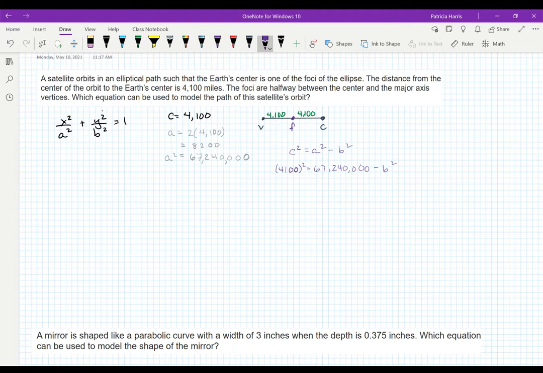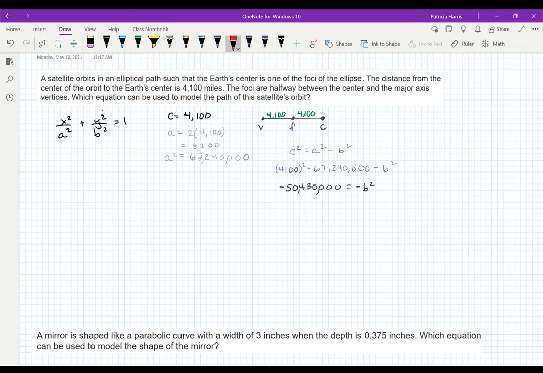Okay, and that gives me negative 50,430,000. And that's a negative b squared.